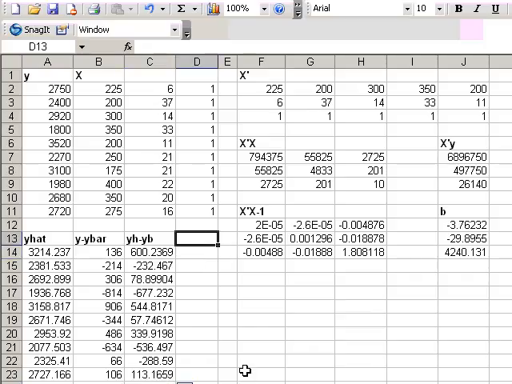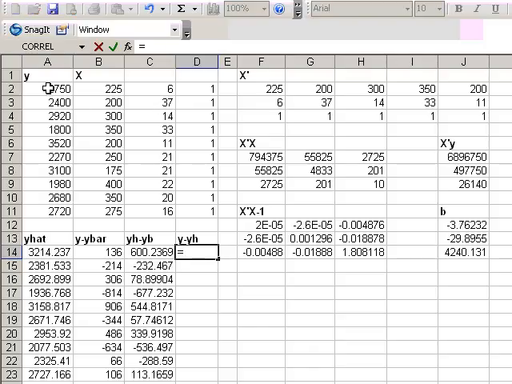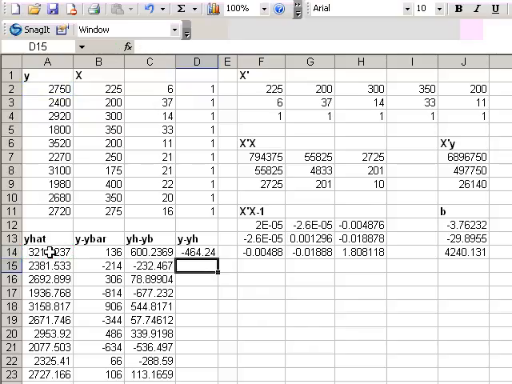Now we need the difference between y and y hat. So this will be y minus y hat, and that will be equal to the actual value of y minus the predicted value of y.